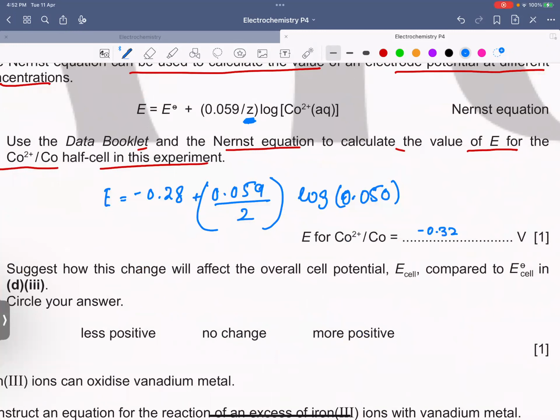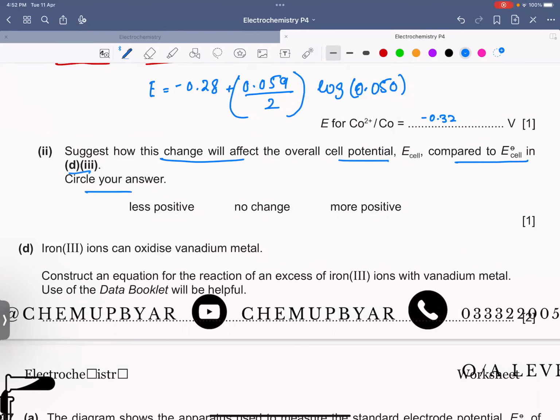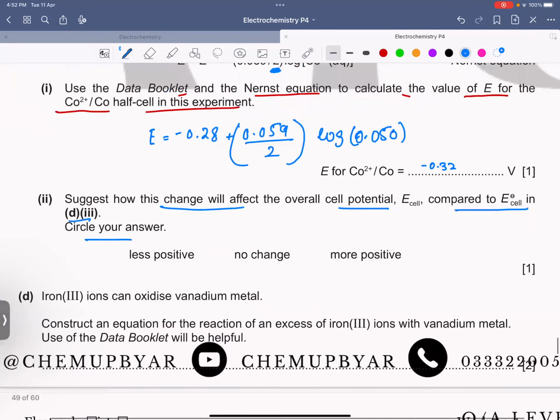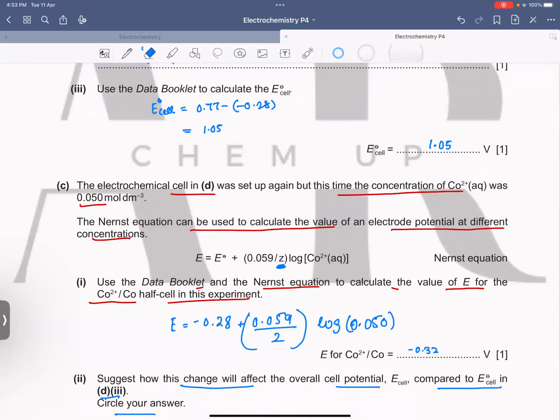Now, see the other thing. Suggest how this change will affect the overall cell potential compared to E cell in D3. Circle your answer. In D3, we have this value 1.05 volt. Now, the new half cell potential is minus 0.32.